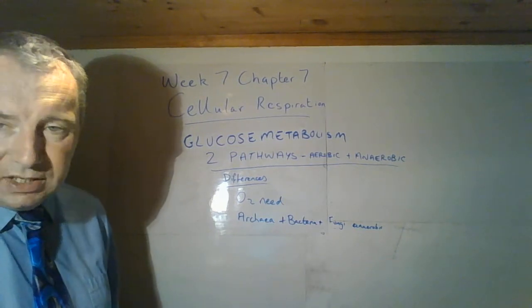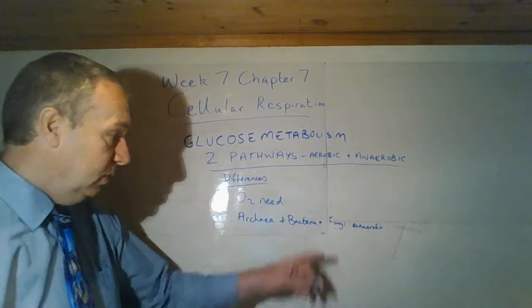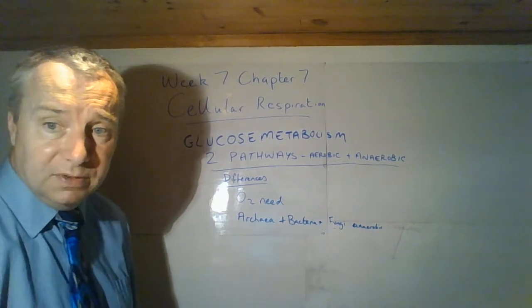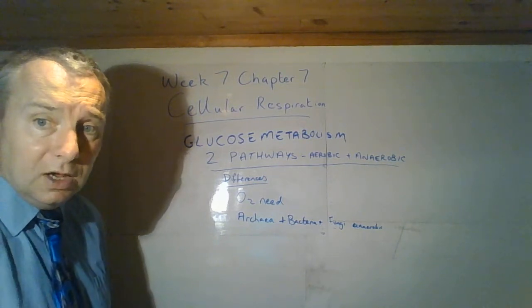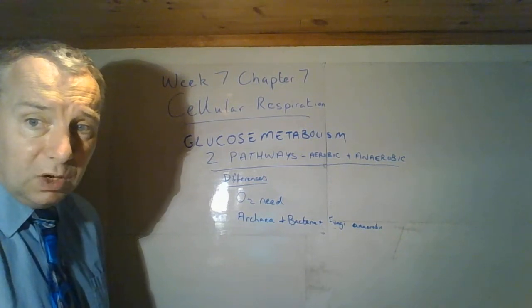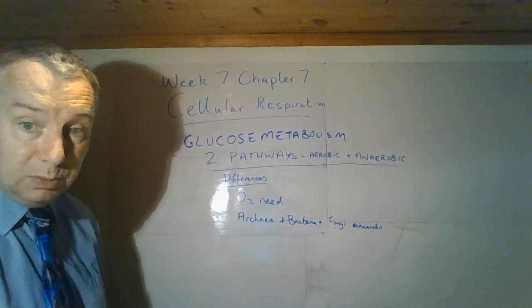Now, one of the things that I'd like to say about this also is that this was originally the way that life dealt with glucose metabolism, because it is a much more highly evolved characteristic to be able to do aerobic respiration.